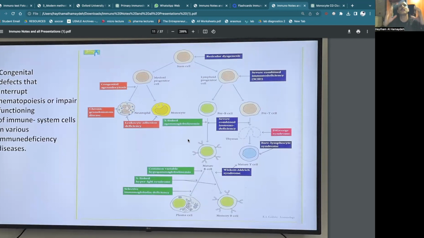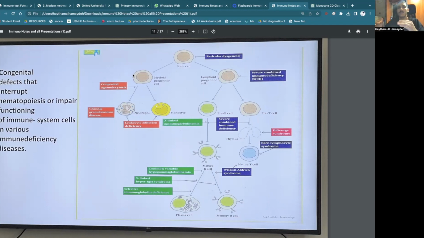Just quickly, stem cell. The stem cell can be defective, and a disease that can affect it immunodeficiency-wise is reticular dysgenesis. Now, the stem cell gives 2 types of cells, lymphoid progenitor cell and myeloid progenitor cell. The lymphoid progenitor cell gives rise to pre-B cell and pre-T cell.